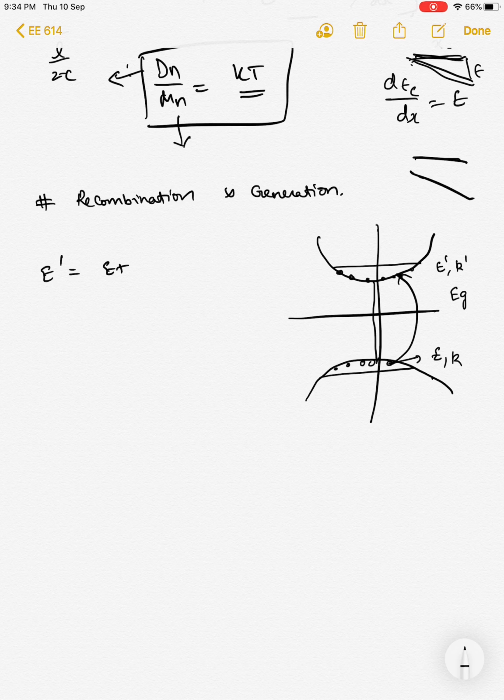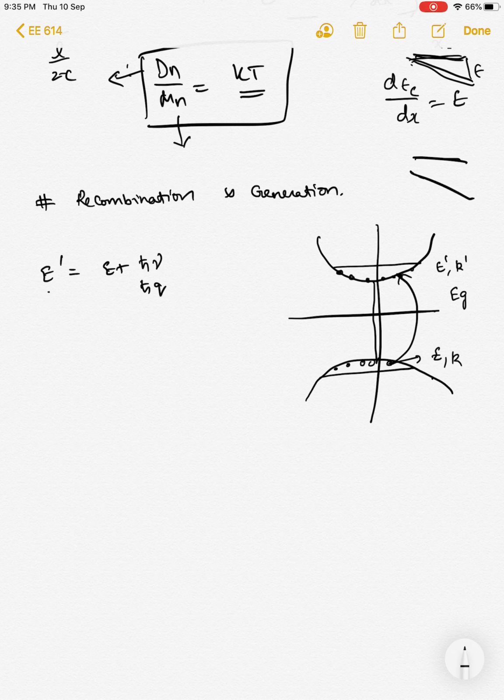So it can be h cross nu if the excitation happens from the valence band to the conduction band using an optical photon, or it can be h cross omega q in case they use what are called lattice vibrations or phonons. This means that the energy is conserved as you move from the valence band to the conduction band, and the summation should be equal to the final energy of the electron in the conduction band.